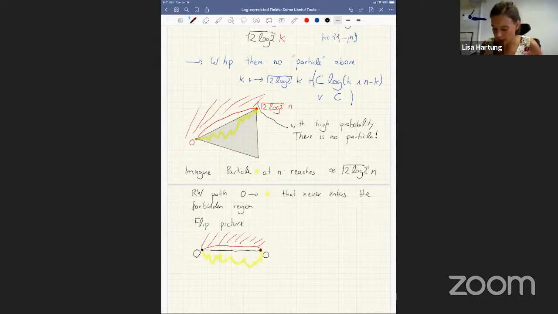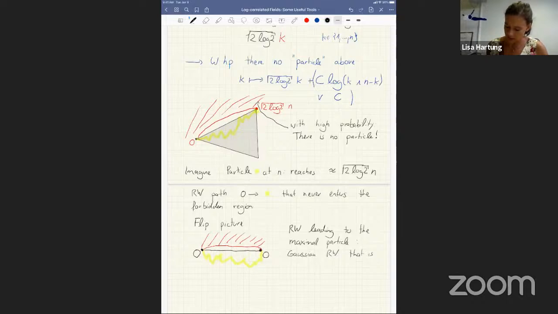But now what I see is, the random walk leading to the maximum, leading to this maximal particle, or the particle close to the maximum one, is actually a Gaussian random walk that is more or less forbidden to be positive.